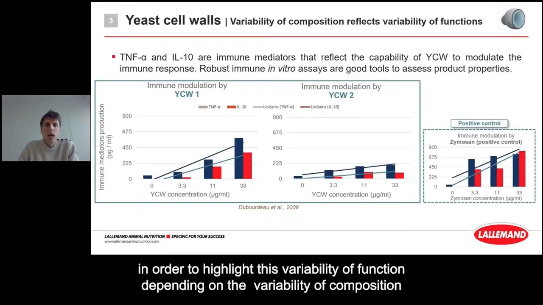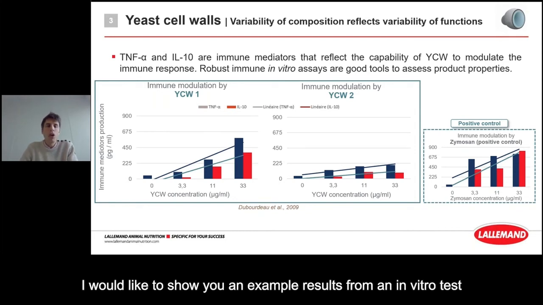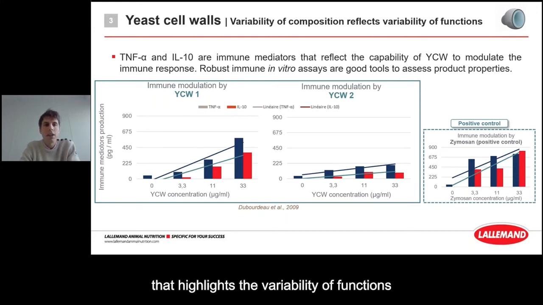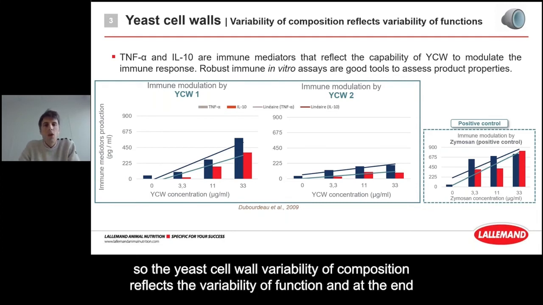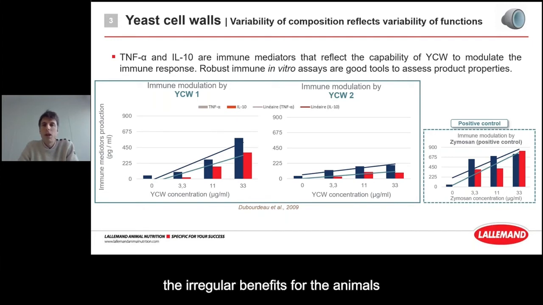In order to highlight this variability of function, depending on the variability of composition, I would like to show you an example of results from an in vitro test. So the yeast cell wall variability of composition reflects the variability of function and, at the end, the irregular benefits for the animals.